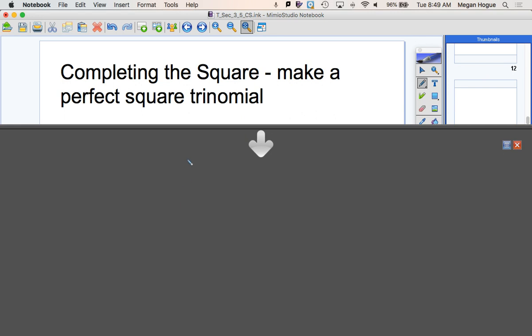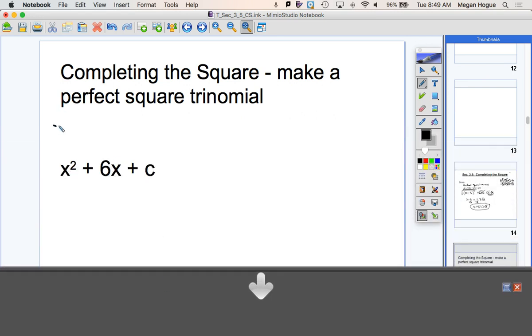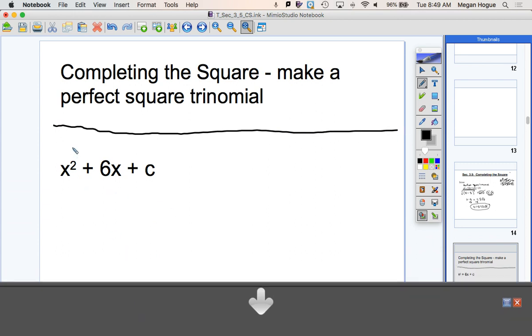We will come back to this, but let's first go back to our notes. We'll come back and put an example, but let's do one on our notes first. This goes on our notes. This is how the book writes it: x squared plus 6x plus c.